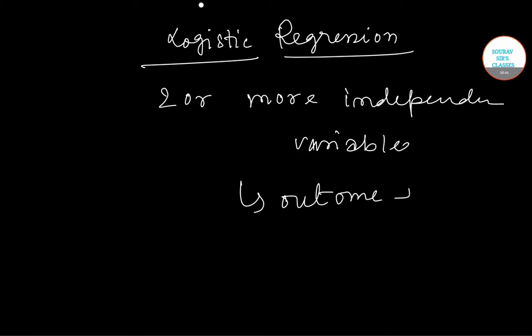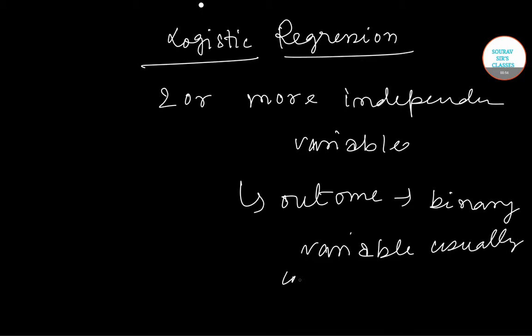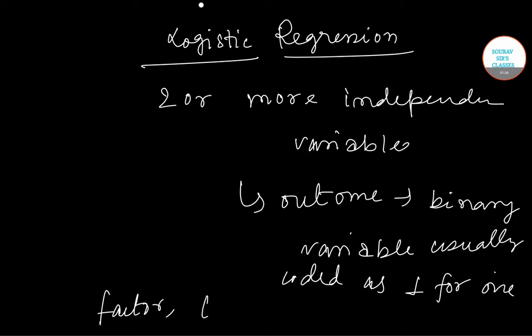The outcome will be a binary variable, which is usually coded as 1 for one factor and 0 for all other factors.